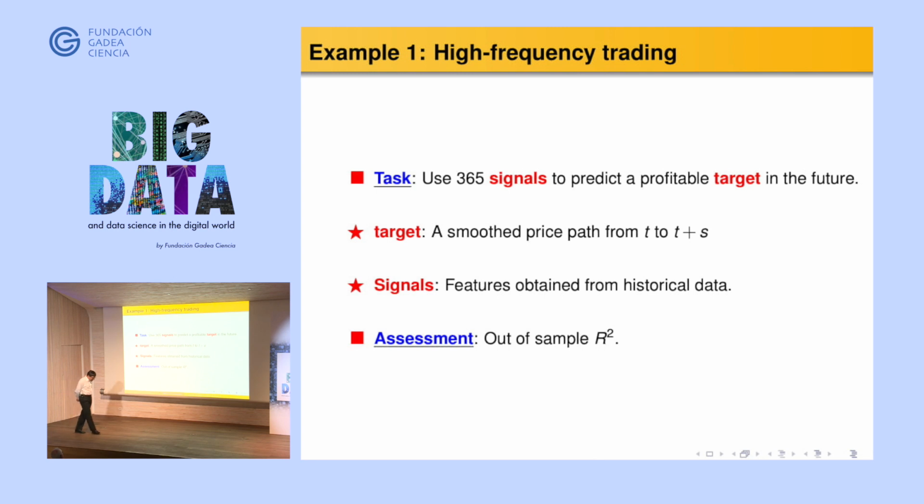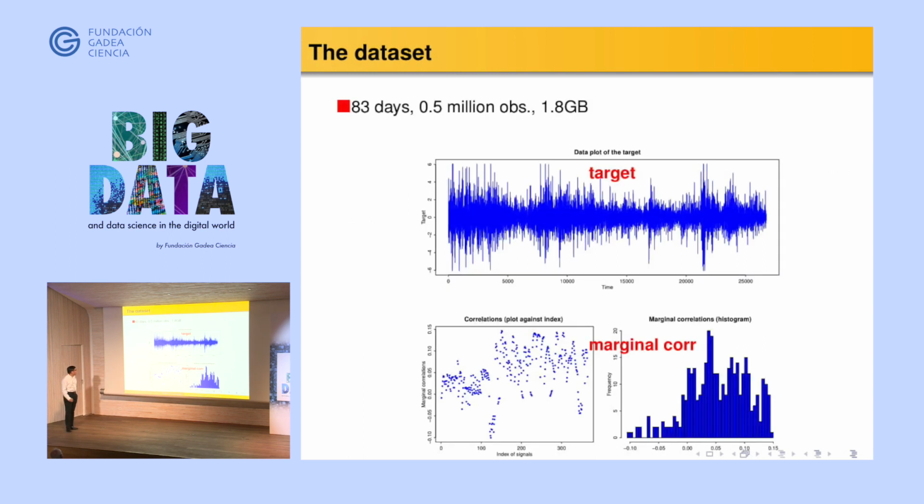So we do this ourselves this semester by using deep learning techniques. For that particular example, I have 83 days, so about 4 months of data. This is already 500,000 observations or 1.8 gigabytes of data.